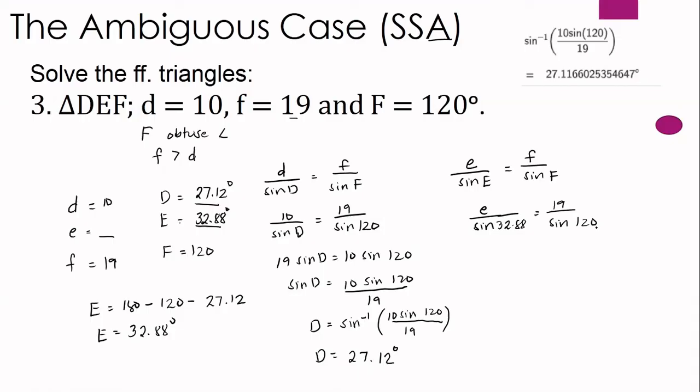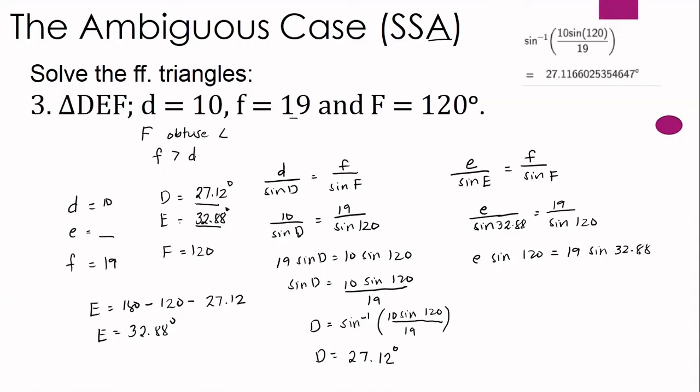If we do cross multiplication, we have E sine 120 is equal to 19 sine 32.88.